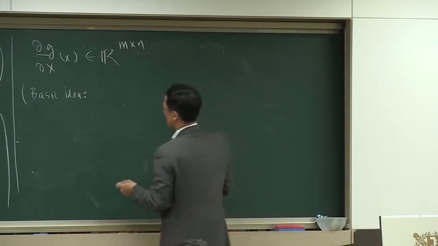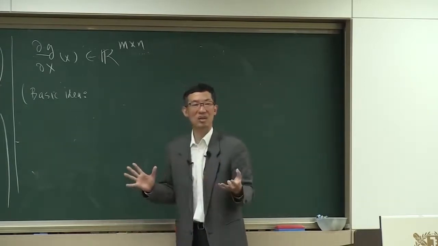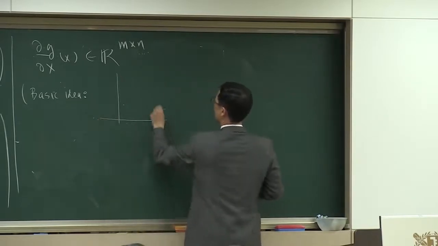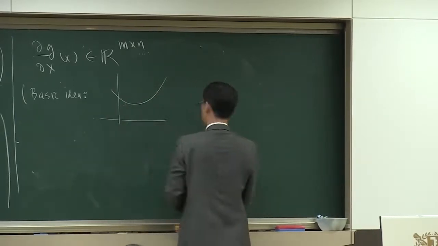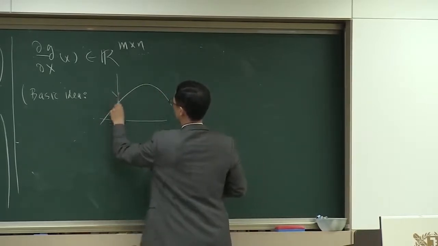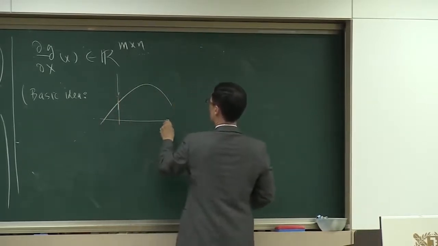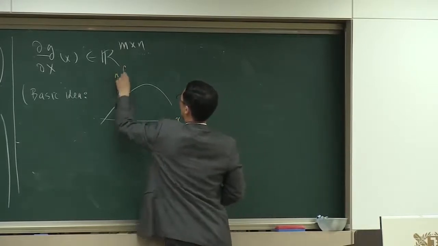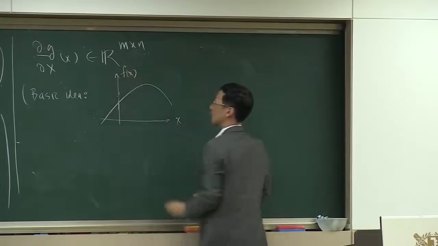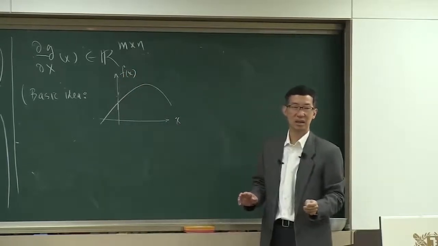So in the case of something with no constraints, since we're maximizing things, let's do it this way. If you want to maximize this function f of x, where's the solution?